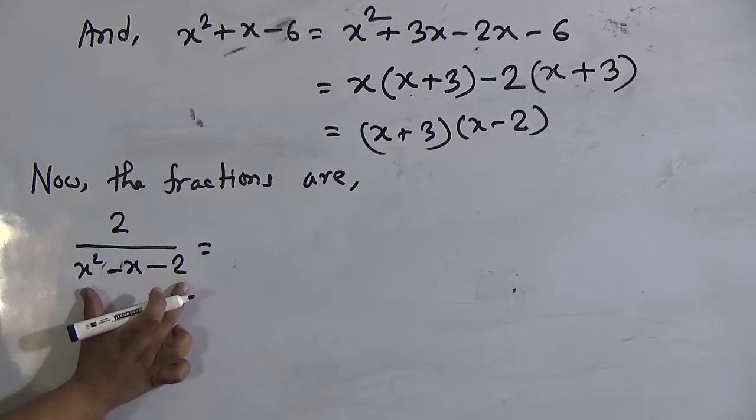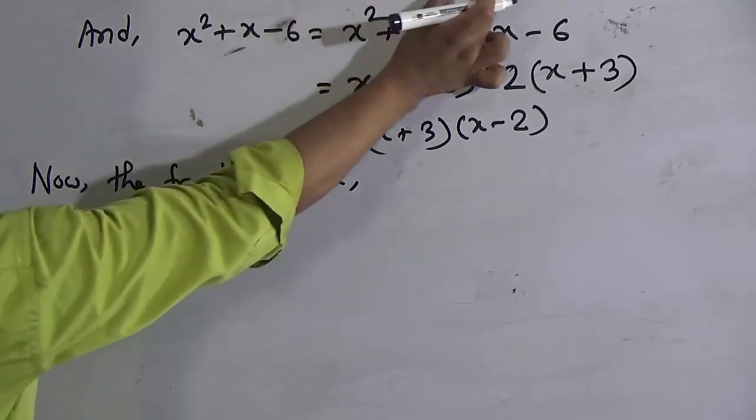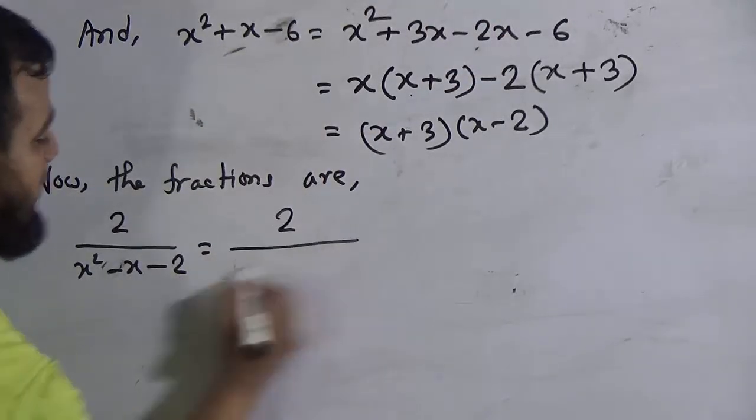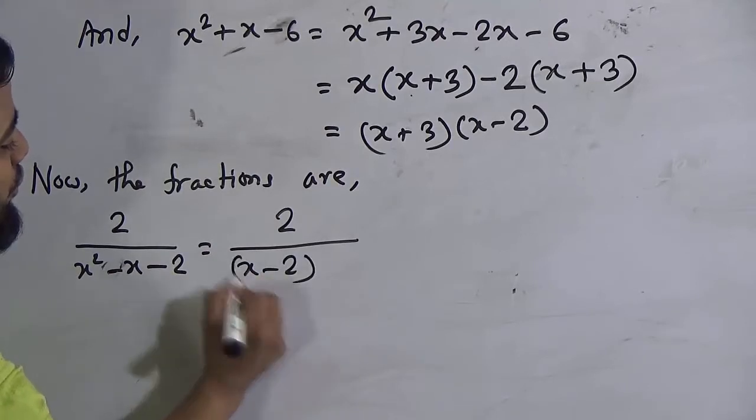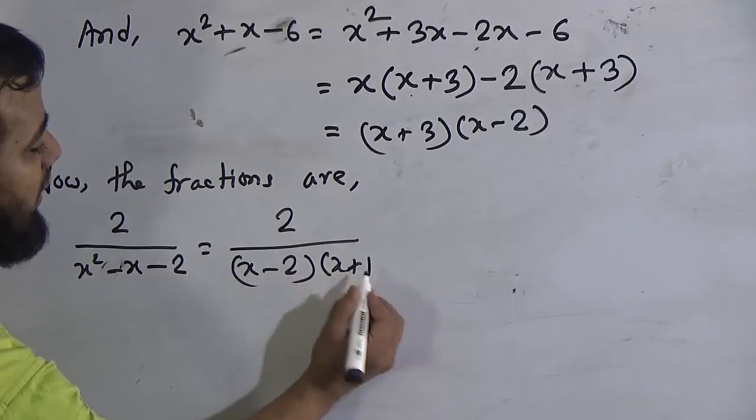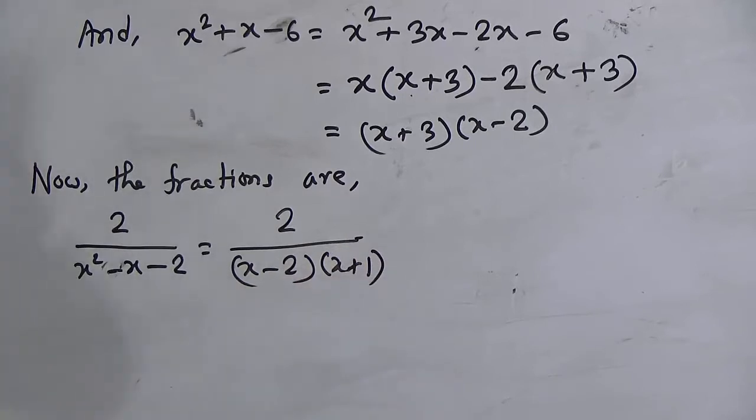So in the place of this we can write x minus 2 into x plus 1. So 2 divided by x minus 2 into x plus 1. Okay, that is one fraction, and another fraction is 3 divided by x square plus x minus 6.